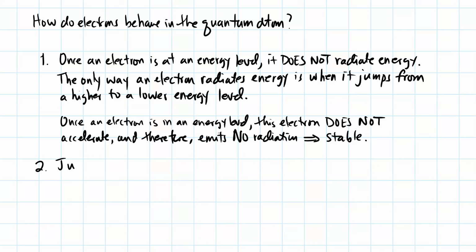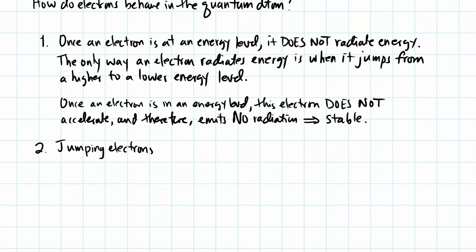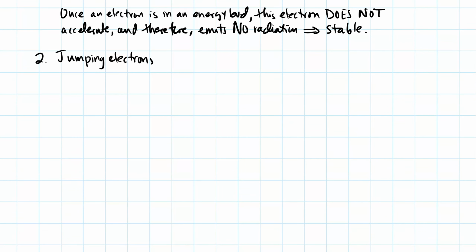Now we want to talk about jumping electrons. What we say here is that when I look at the energy levels, let's say for the sake of argument that there are 3, so that means I have 1, 2, 3 energy levels.